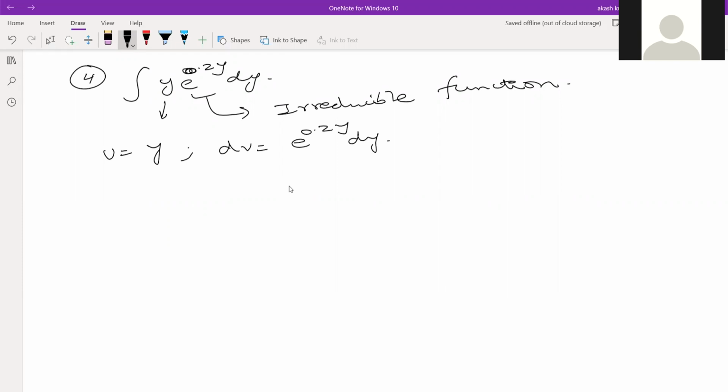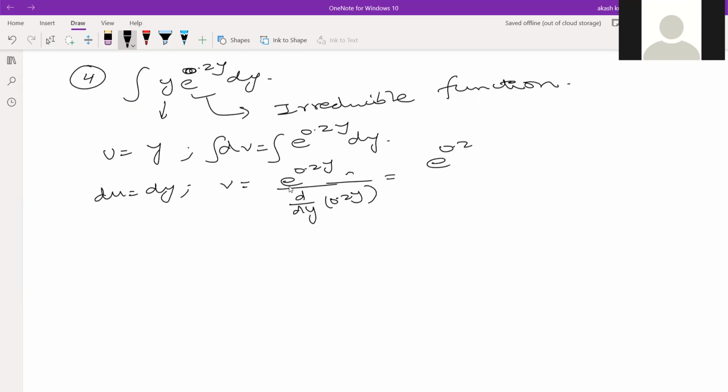So du becomes dy, and for integration, v is the integral of e raised to the power 0.2y, which is e raised to the power 0.2y as it is, and we have to divide by the derivative of the exponent with respect to y. So it becomes e raised to the power 0.2y divided by 0.2. Okay.